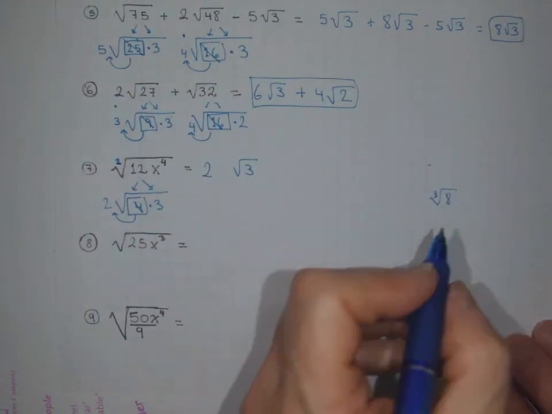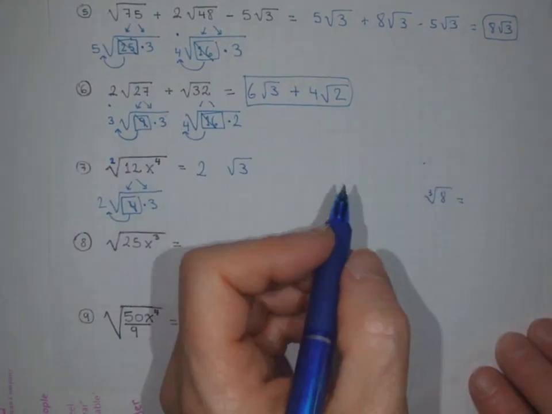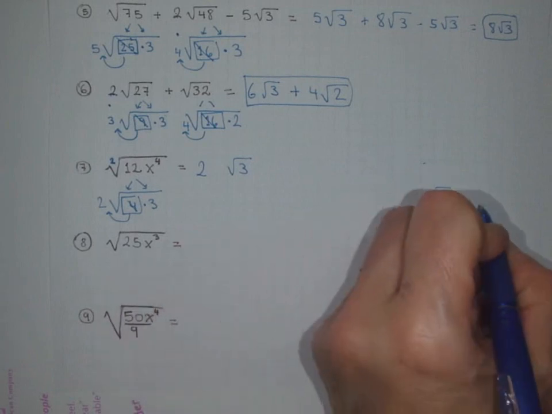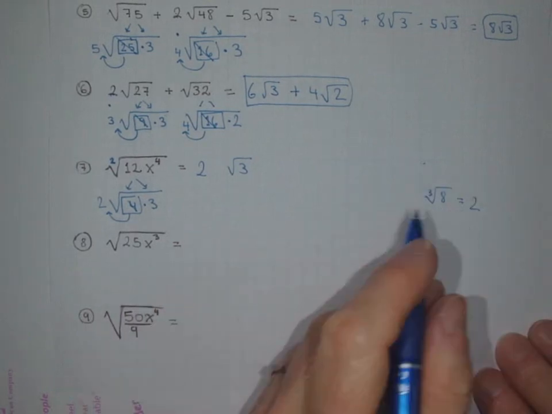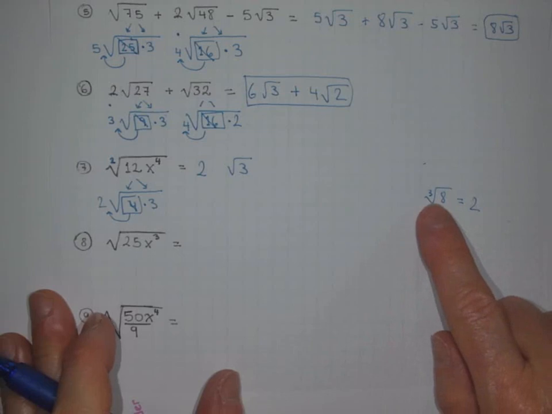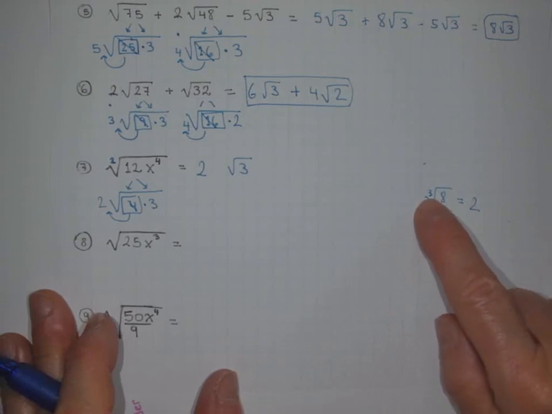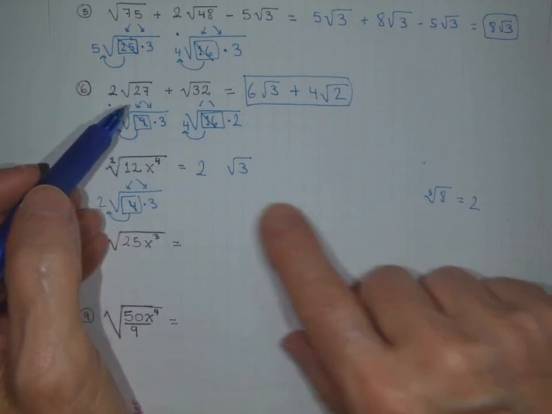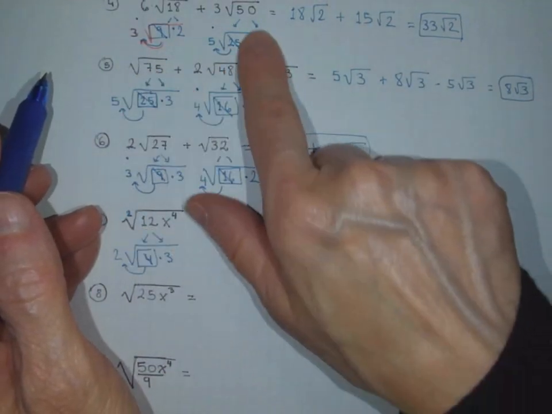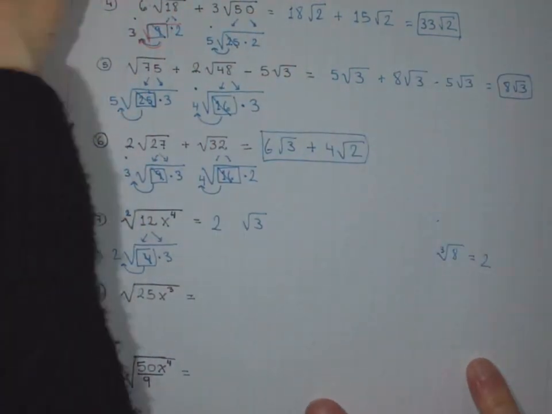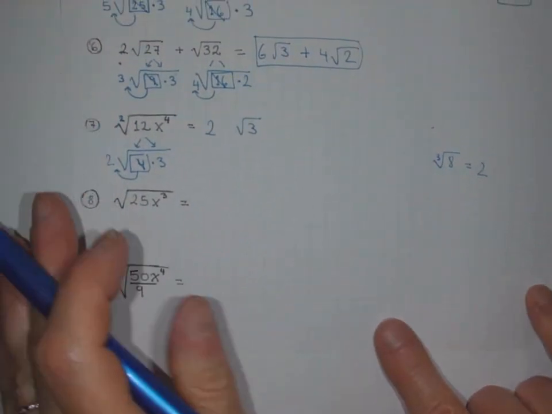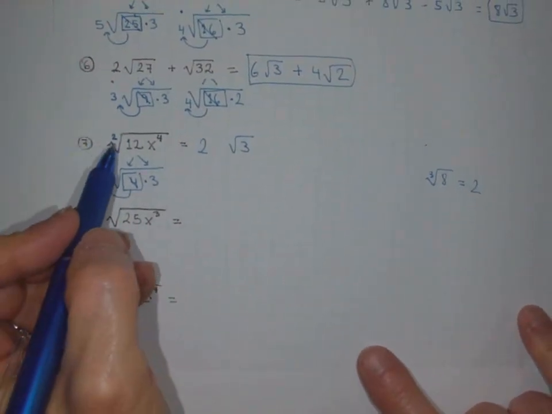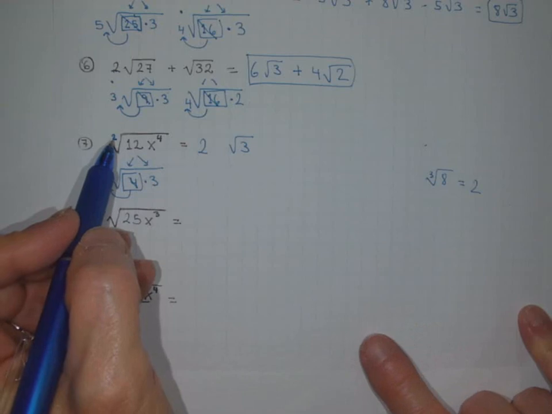Cube root of 8 would be what cubed would give me an 8, and that would be 2, right? 2 cubed would be 8. So when it's anything but a 2, we have to write the index. But when it's a square root, we usually don't write it. See, nowhere did we write it, right? Because it's the most common one, so we don't write it. But I'm going to put it there just to show you what's happening.